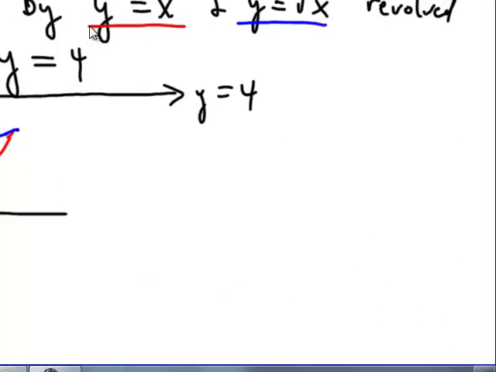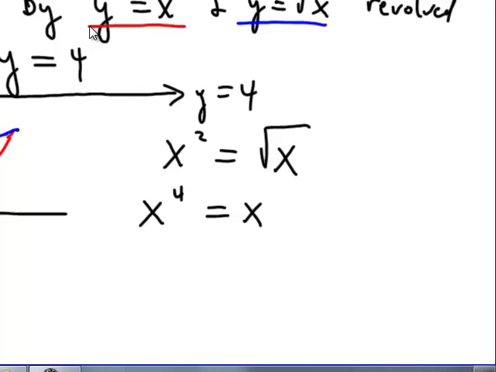First of all, I need to find the points of intersection. A little bit of algebra: x squared is equal to the square root of x, and if I square both sides, that gives me x to the fourth is equal to x. Then if I set this equal to 0, I get x to the fourth minus x equals 0.